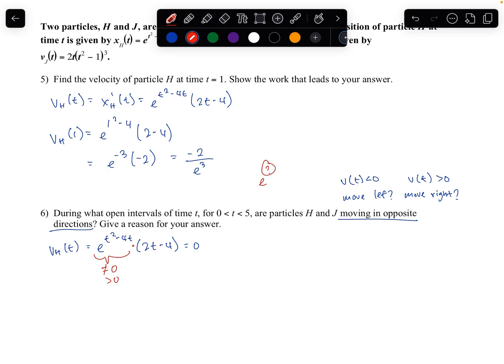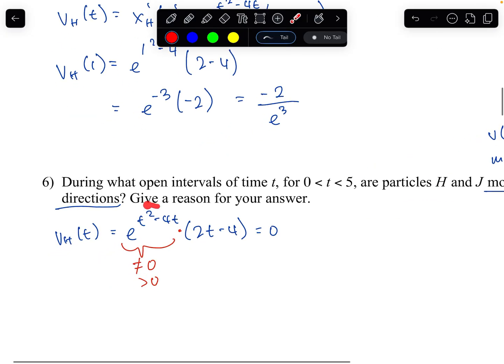It doesn't matter if the exponent is a positive or a negative number. No matter what this comes out to be, e to whatever power is always positive and never 0. So that means that this expression will only equal 0 when this part equals 0.